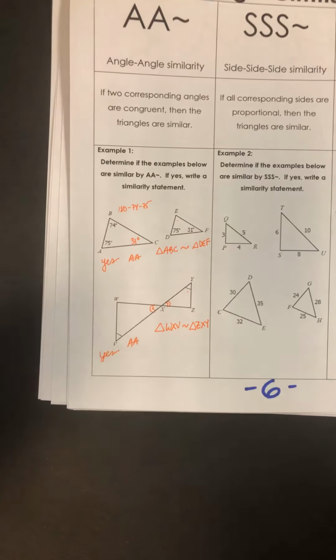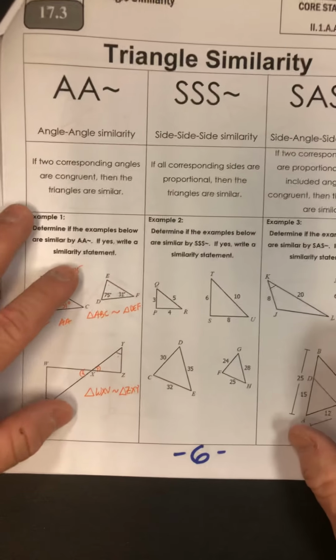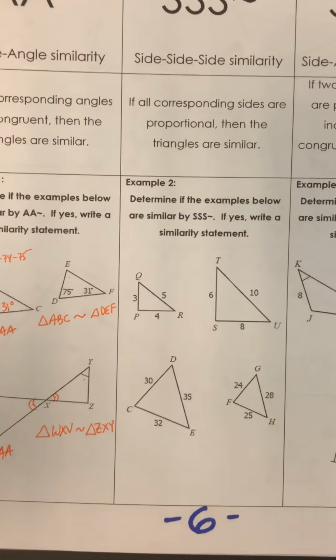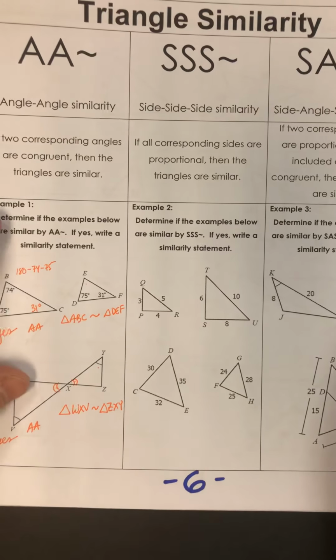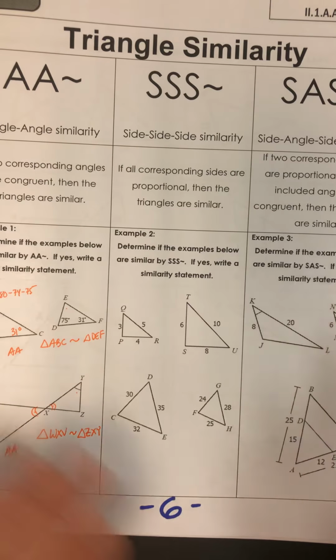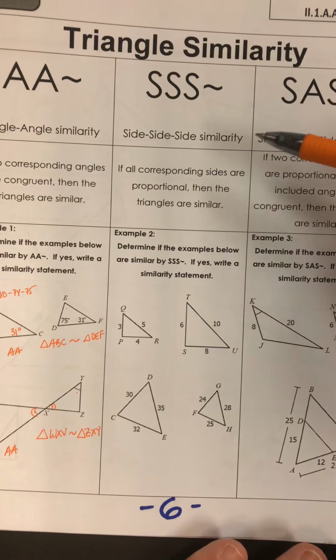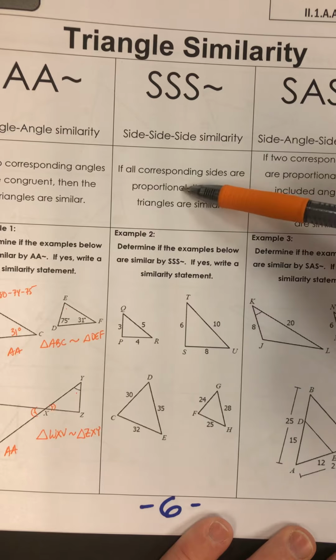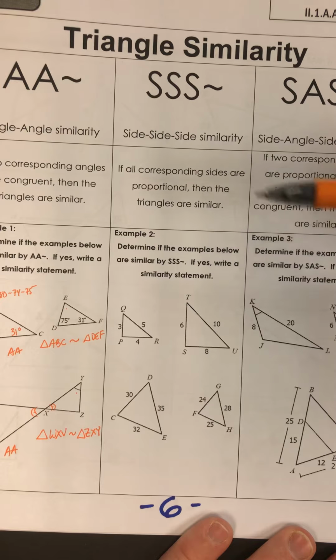Let's go to side. So for side, that means three sides are proportional to three sides of the other triangle.